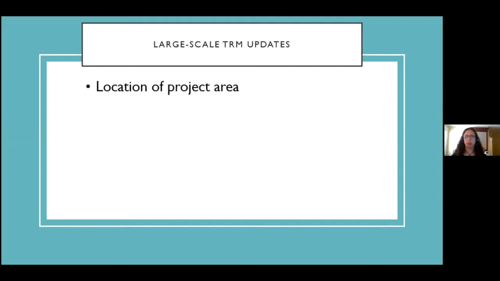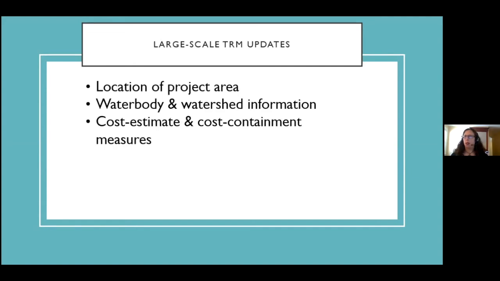But I'm going to talk specifically about some changes we made to the large scale trim application. So we revised the location of the project area, allowing for multiple counties and removing many fields that weren't being used. We also revised the water body section and removed the section on the question on WBI. The water quality need question was reconfigured to match the small scale agricultural trim application.